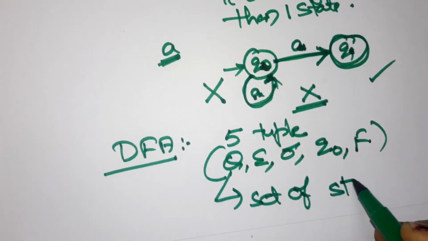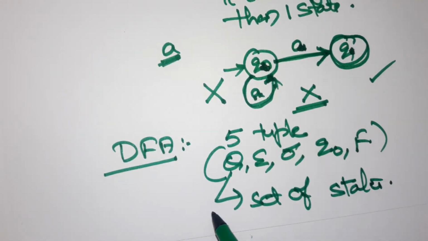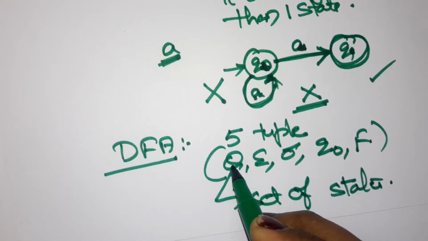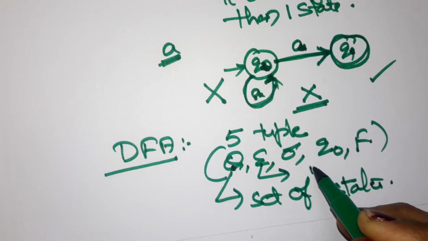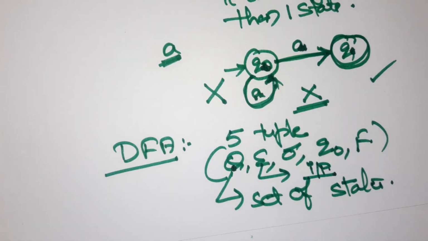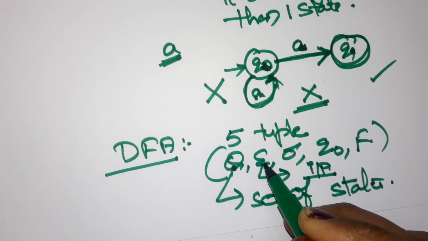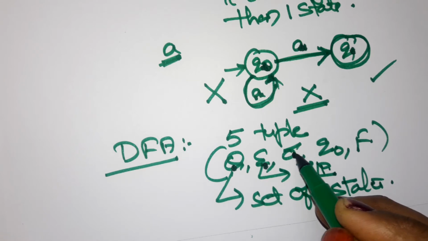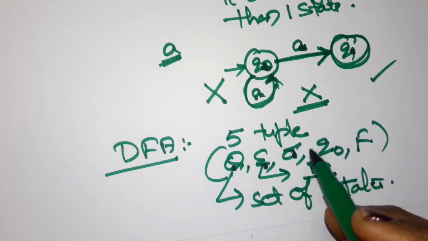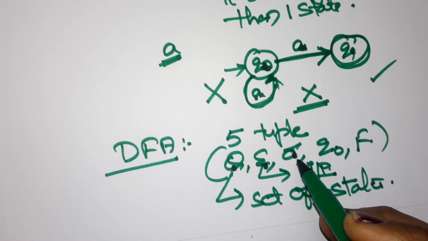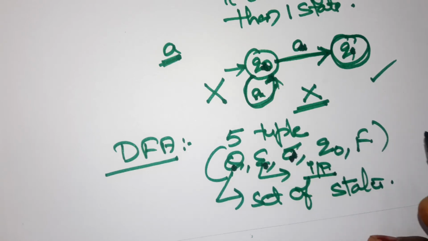To design a finite automata, we will have some number of states, and all those states are represented by Q. Sigma is a set of input symbols, so on the states we need to give an input, which is represented by sigma. Delta is a transition function. It takes one state to another state or the same state by taking the input. This is the main important concept, the transition function.